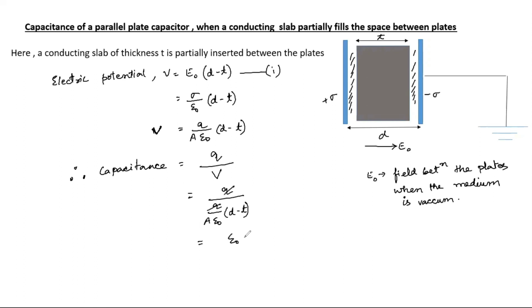You are having only epsilon naught A by D minus T. So this is the capacitance of the parallel plate capacitor when you insert a conducting slab partially between this space.